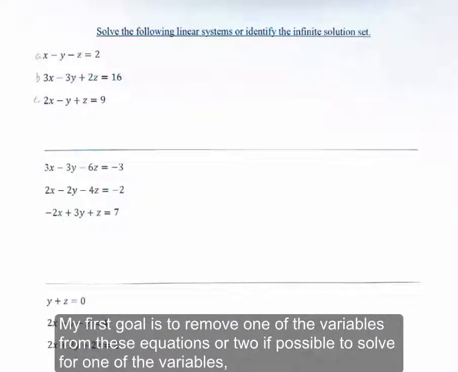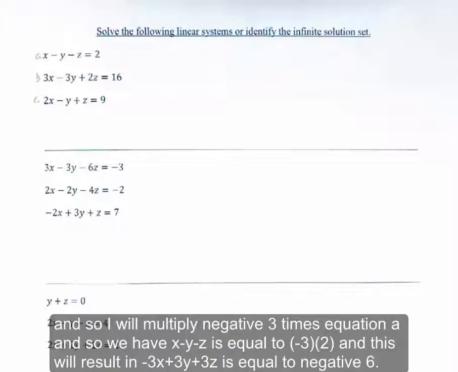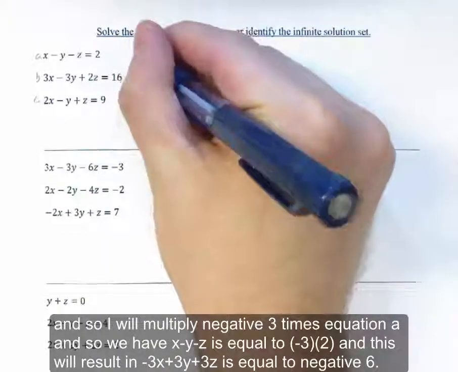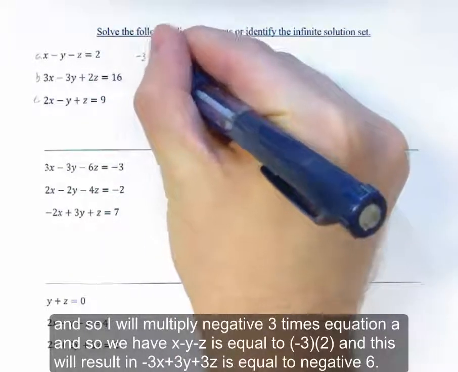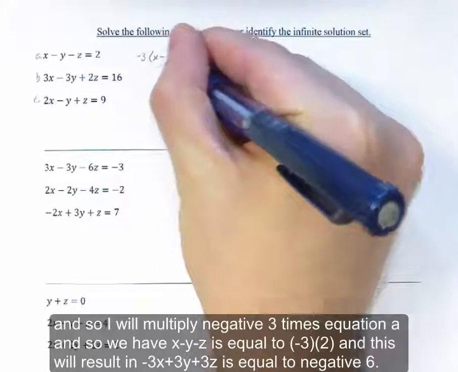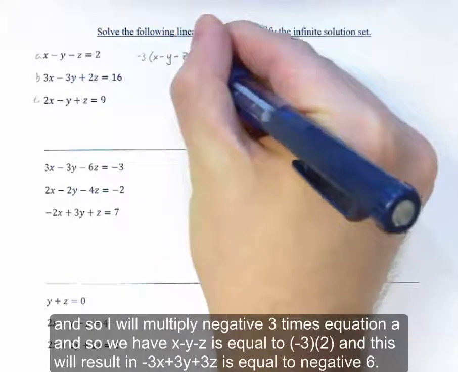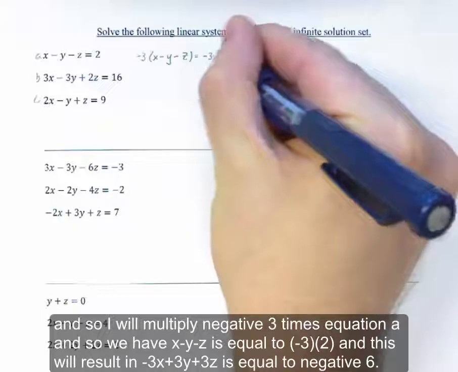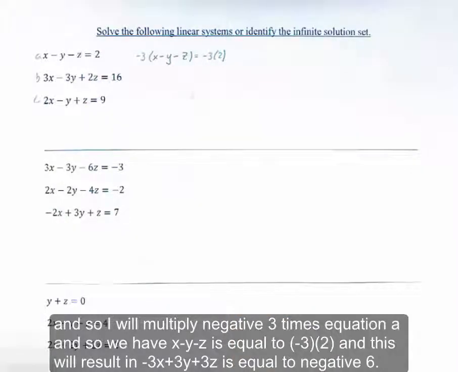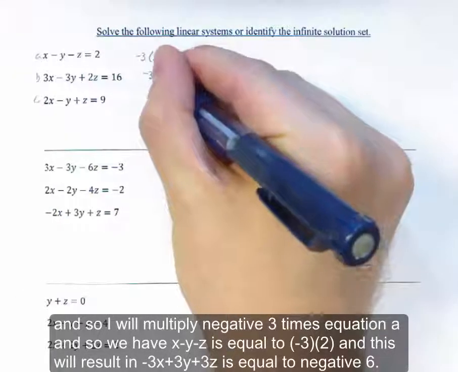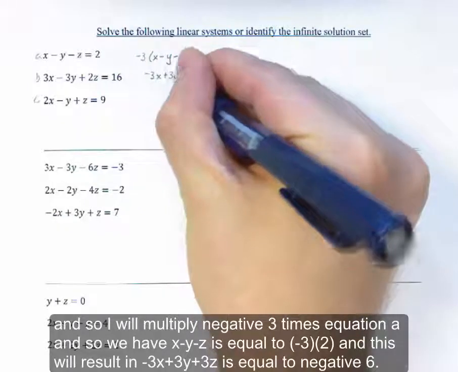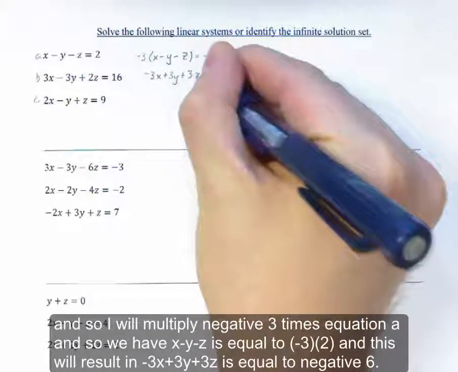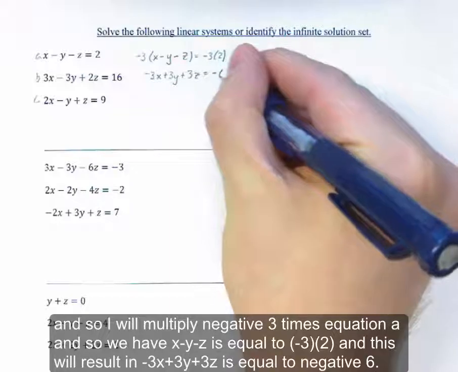My first goal is to remove one of the variables from these equations, or two if possible, to solve for one of the variables. And so I will multiply negative 3 times equation A, and so we have x minus y minus z is equal to negative 3 times 2, and this will result in negative 3x plus 3y plus 3z is equal to negative 6.